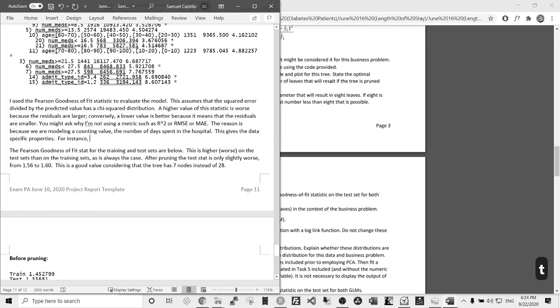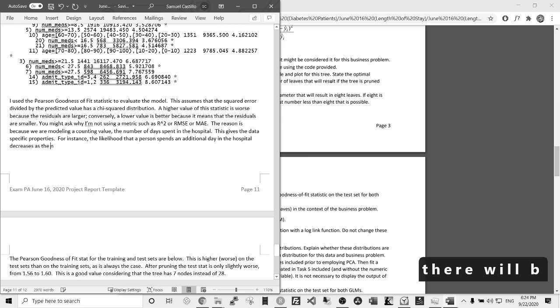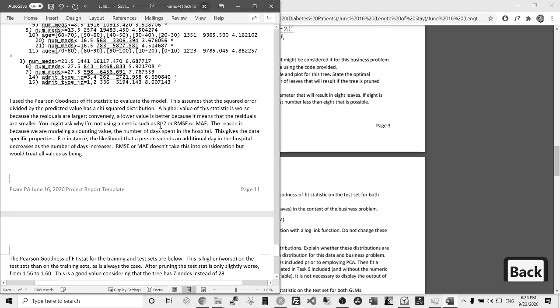For instance, there will be more people with fewer days, and the likelihood that a person spends an additional day in the hospital decreases as the number of days increases, right? If I've already spent 5 days in the hospital, I'm more likely to go home than if I've only been there for 1 day. So RMSE or MAE doesn't take this into account.